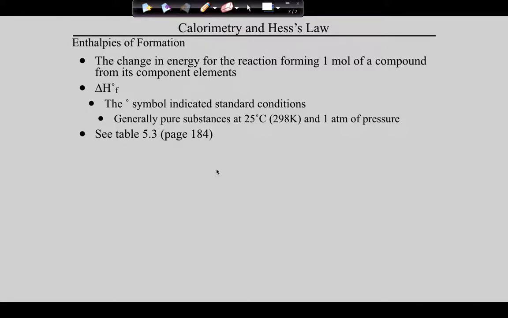What does that mean? When bonds are formed, energy is given off. But now you're looking at this, and for example, guys, if you look at acetylene, that should be troubling to you. Because when these bonds form, energy is taken in.